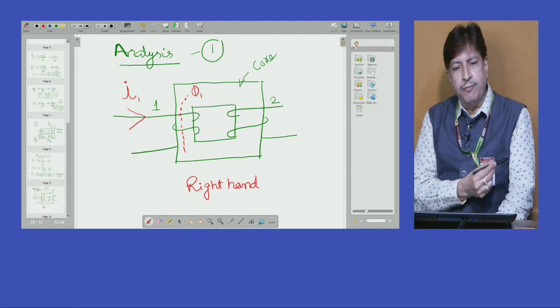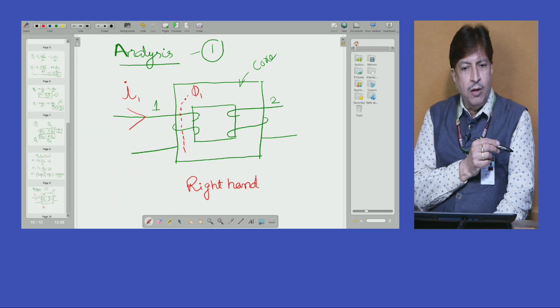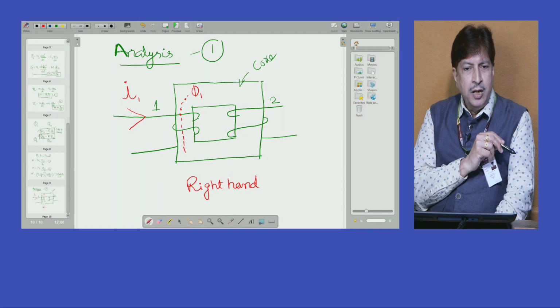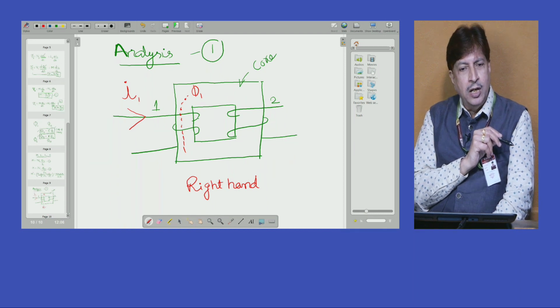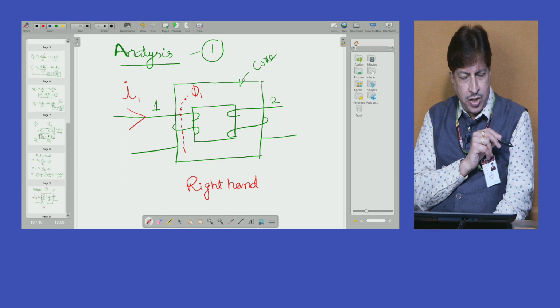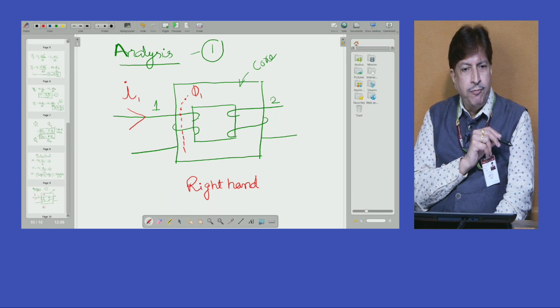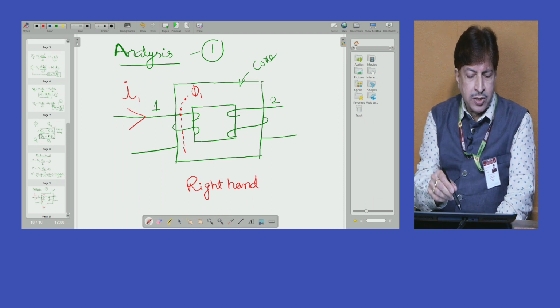The essence of this rule is: take the coil in your right hand covering the core such that the fingers enclosed are in the direction of current, which means this is the direction of the current in the main coil.